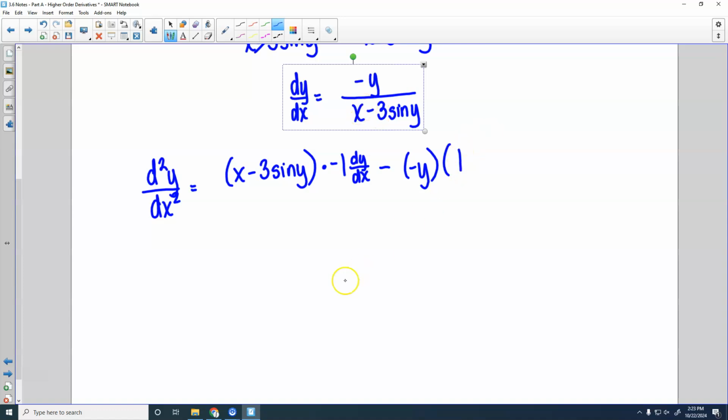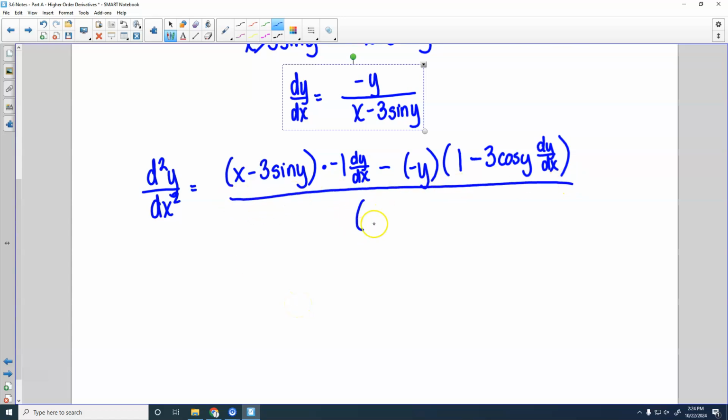The derivative of x is just 1. The derivative of sine is cosine, so we're going to get 3 cosine y, and since we just took the derivative of something with a y, we need to do dy/dx there. And then all of this will be over (x minus 3 sine y) squared, thank you.